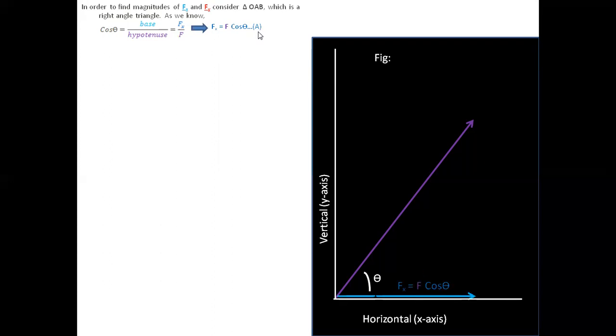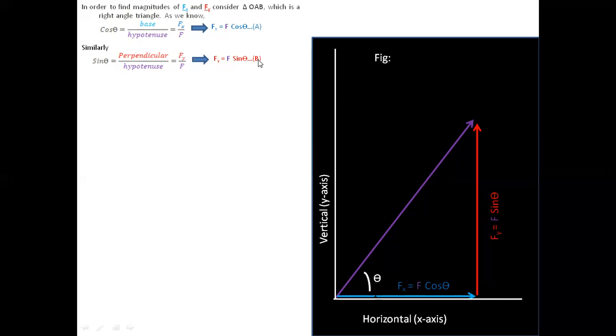Let us call this equation A. Similarly, for the y component, we take the vertical component and divide it by the hypotenuse. So fy is the vertical component and F is the hypotenuse. Taking it to the other side and rearranging, fy is equal to F sine theta, where F represents the hypotenuse.